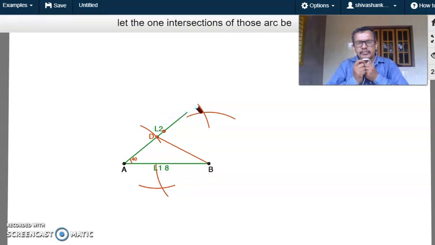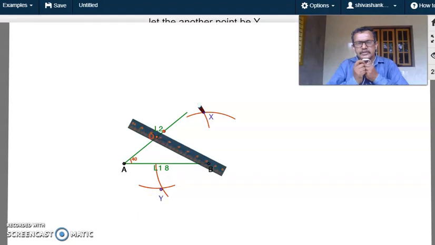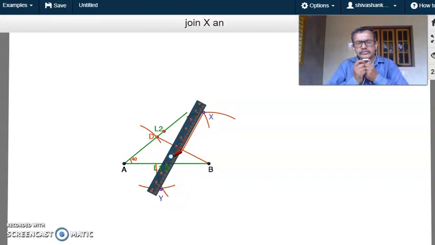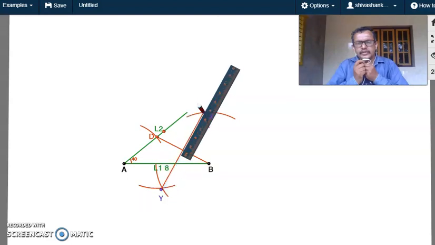One intersection point be X and another be Y. Join XY and produce XY.